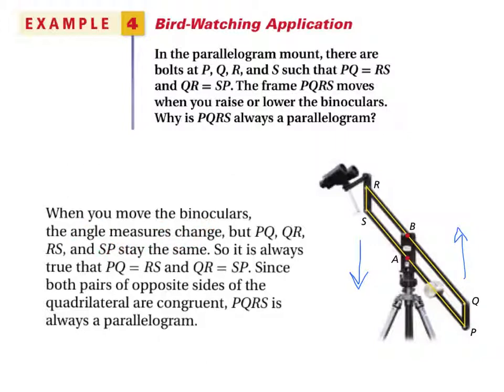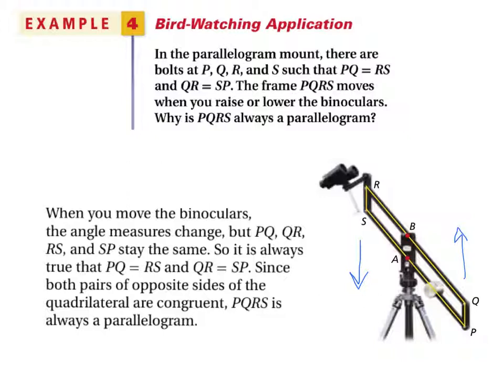The angle measures, the diagonals, they would all change. However, the lengths of PQ, QR, RS, and SP always stay the same. So it's always true that PQ will always be equal to RS and QR is always equal to SP. Since both pairs of opposite sides of a quadrilateral are congruent, PQRS will always be a parallelogram.